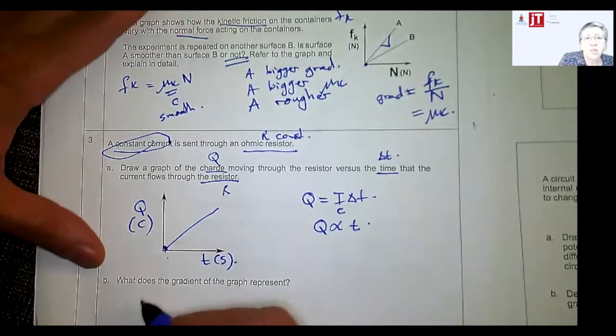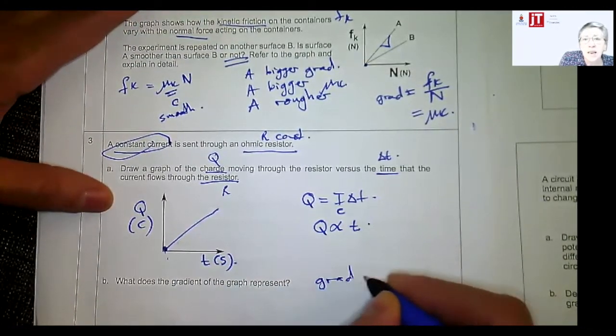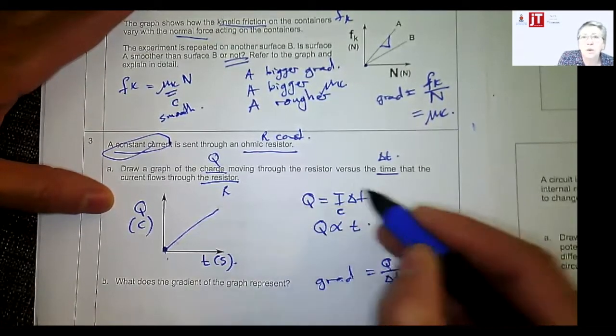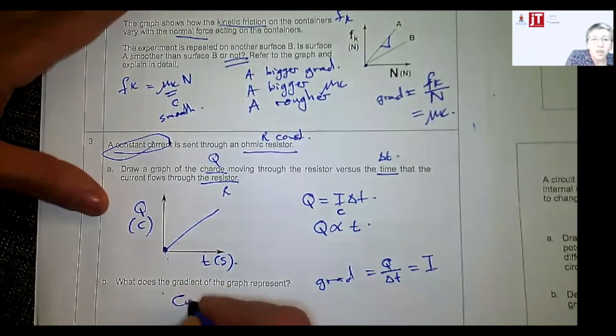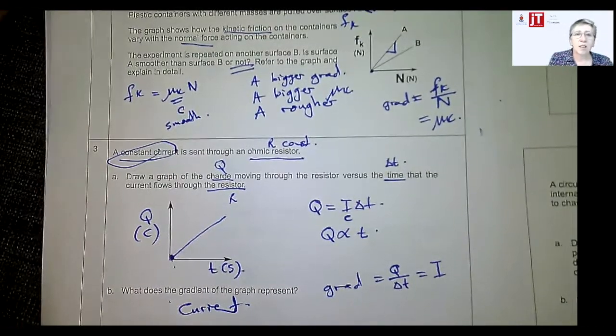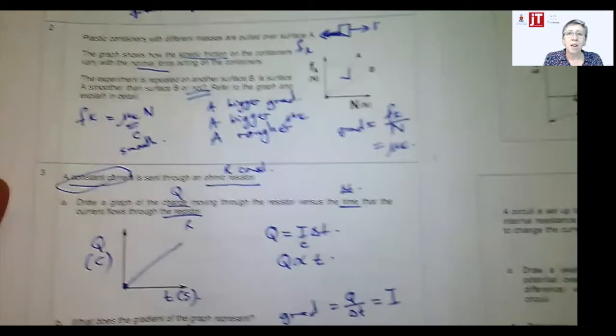And now they ask, what does the gradient of this graph represent? And the gradient will be something Q divided by something t. And what is Q divided by t? That is current, right? So the current is represented by the gradient of that graph.